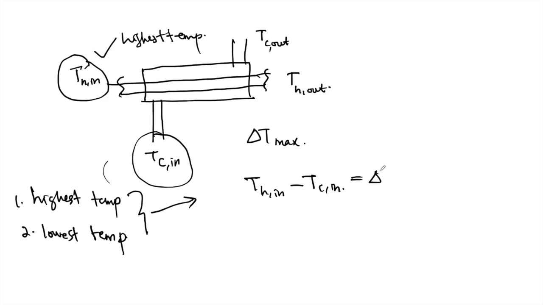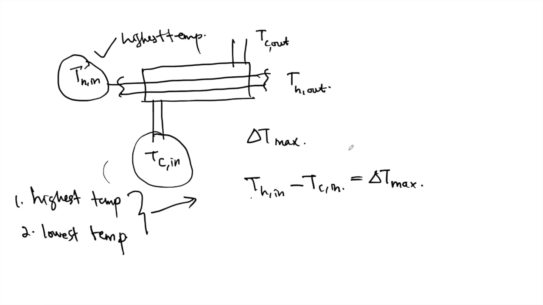Therefore, we get the delta T maximum for this system. To find the delta T maximum, you find the highest temperature among TH in, TC out, TH out, and TC in, and then subtract the lowest temperature, which here is TC in. So TH in minus TC in gives you the maximum temperature difference.